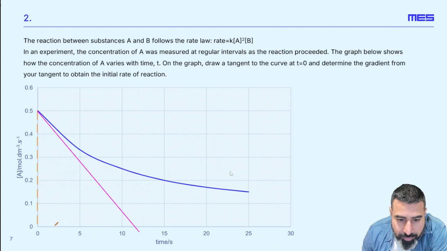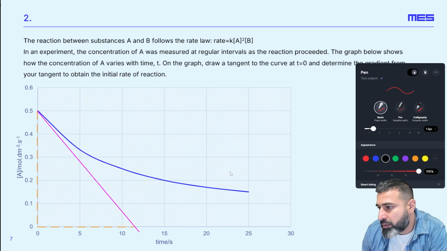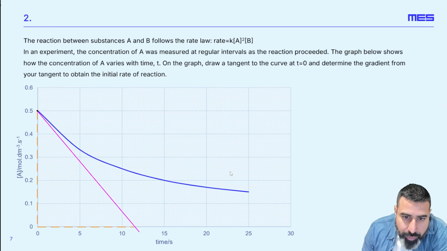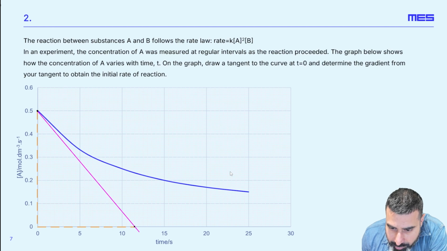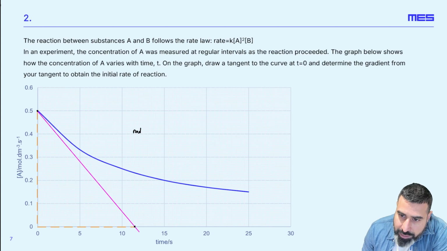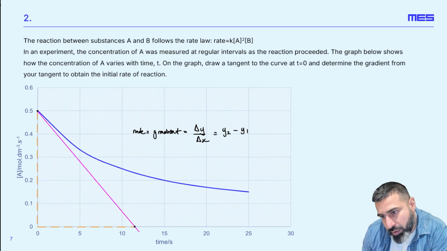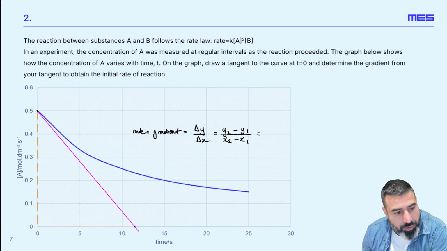Okay, so we can draw a little triangle. So let's just pick these 2 points. We're going to pick that point on the tangent, and we're going to pick that point on the tangent. So then the rate, which is equal to the gradient of the tangent, is equal to the change in y over the change in x. So y2 take away y1 all over x2 take away x1.